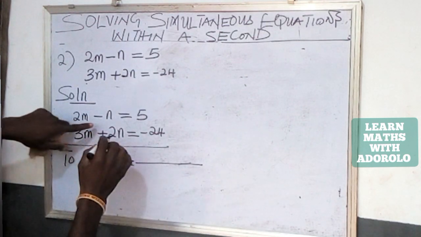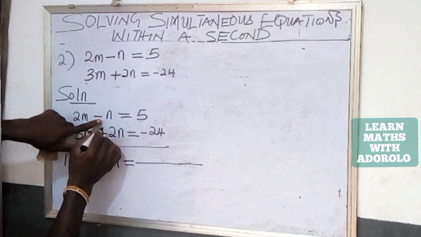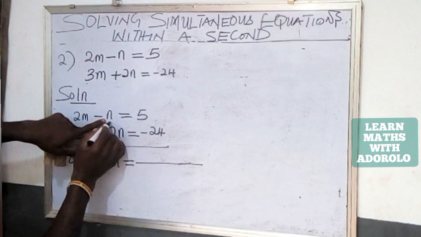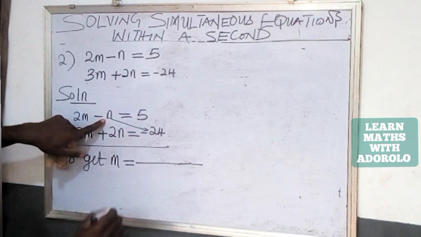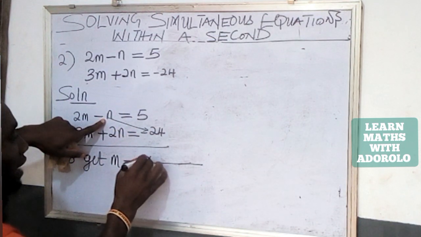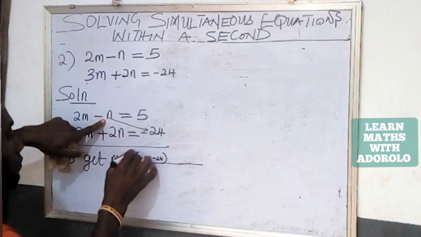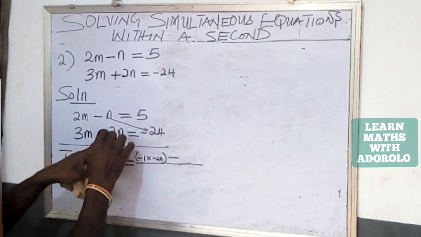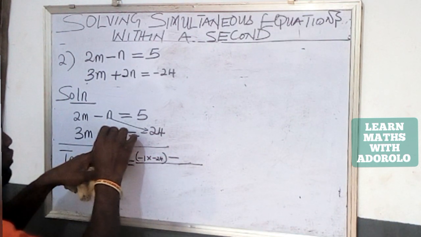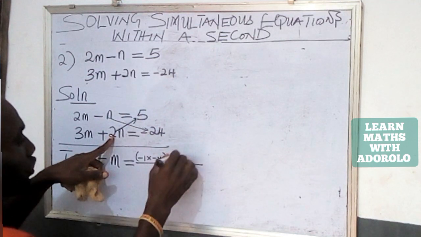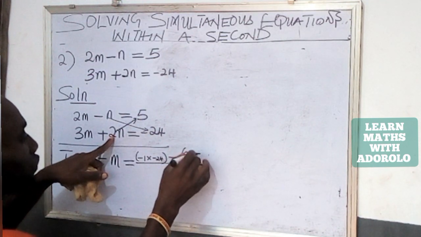The first step is for you to multiply the coefficient of n in equation 1 with this minus 24. We have minus 1 times minus 24, minus the multiplication of the coefficient of n in equation 2 times this 5, which is positive. We have 2 times 5.